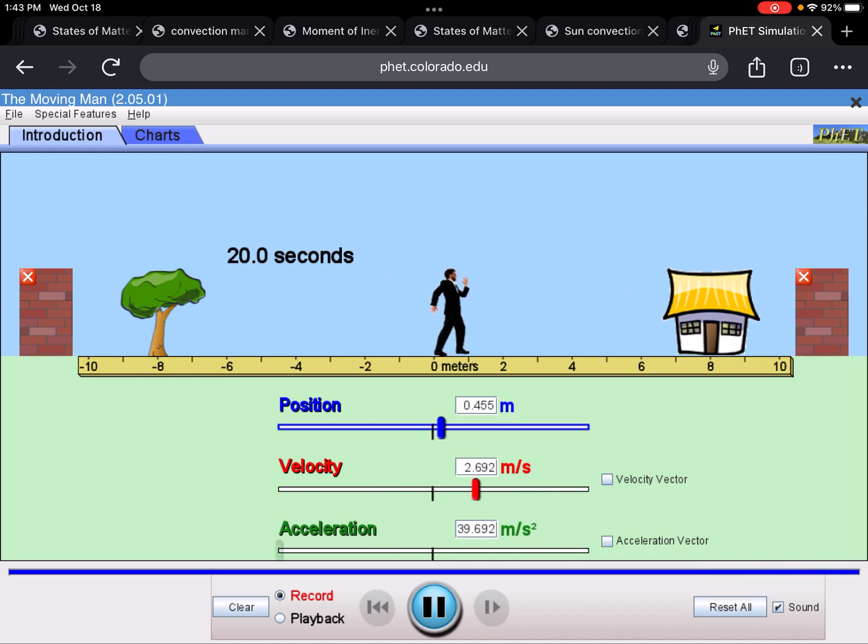What's different about this versus a meter stick is that the 0 meter mark is right in the middle. If we go to the right, our distance increases, all the way to 10 meters. If we go to the left, however, you'll notice that we actually go into the negative numbers.